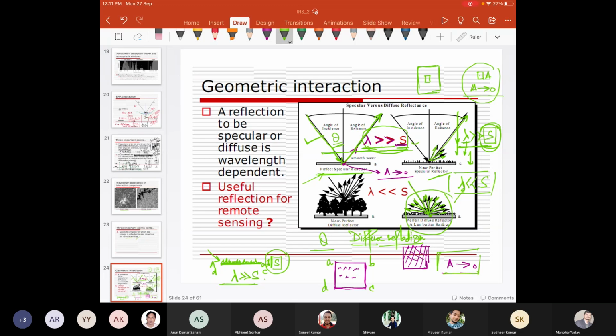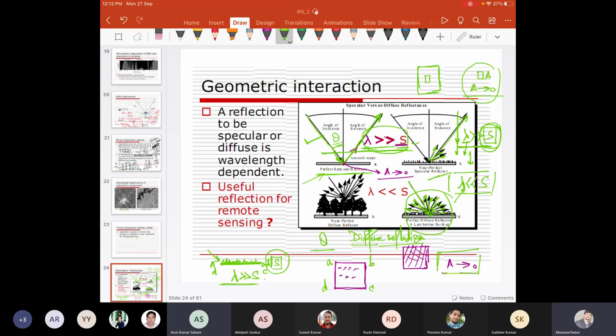And it also carries color information, spectral information. Could you please speak louder? Sir, just uniformly distributed in all directions. This is why in remote sensing we consider this.